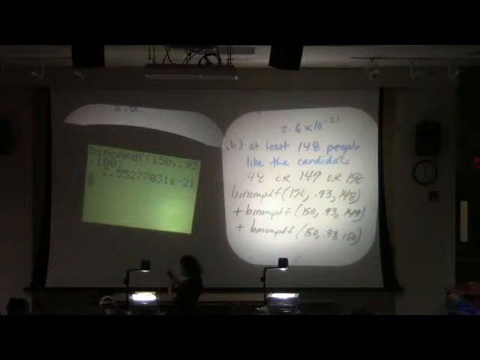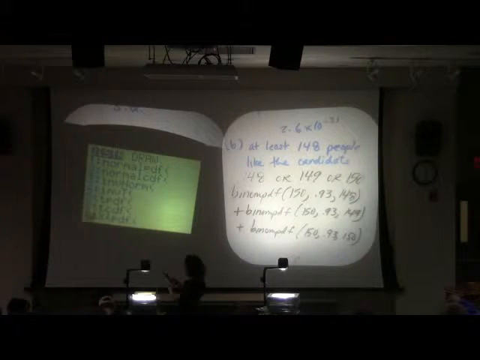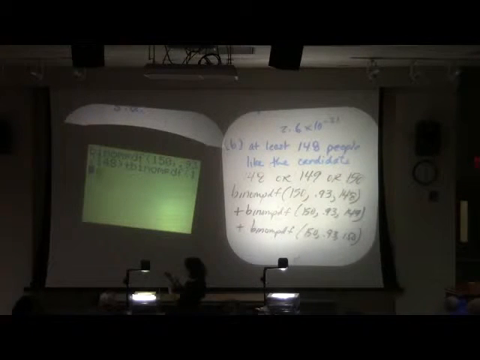I certainly wouldn't disagree, but it's certainly doable, isn't it? Do you guys want to see what we get? All right, let's check it out, and then I'll show you an alternative way we could do it. Binomial PDF. So we have 150, comma, 0.93, comma, 148. And then you can just keep going. You don't have to do them separately unless you would like to. So then you have 150, comma, 0.93, comma, 149 plus, let's check this out.